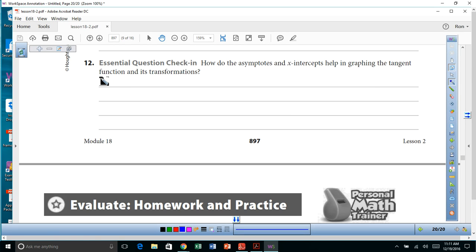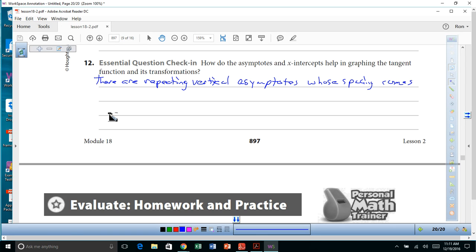So let's see here. There are repeating vertical asymptotes whose spacing comes from the horizontal stretch parameter b.